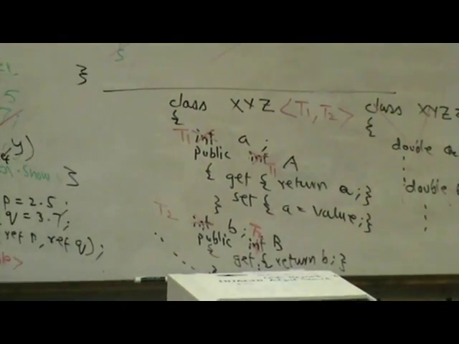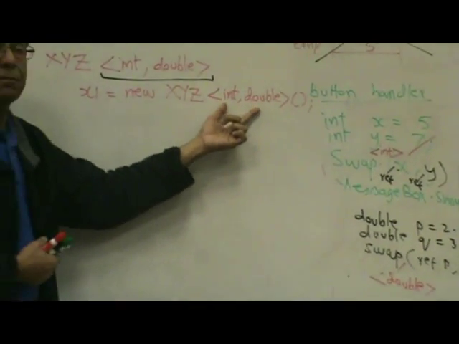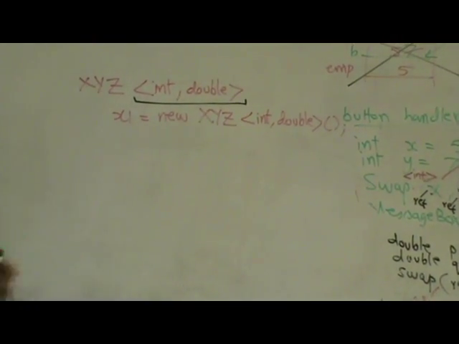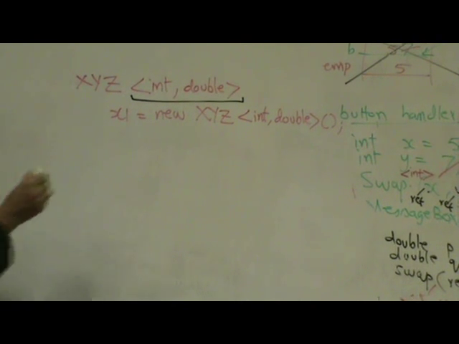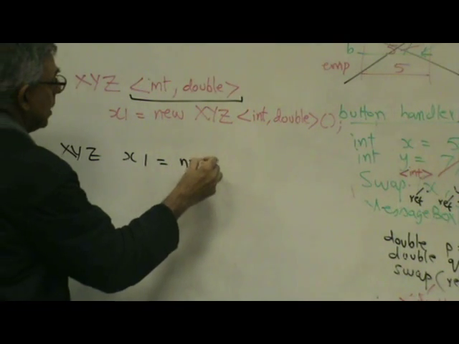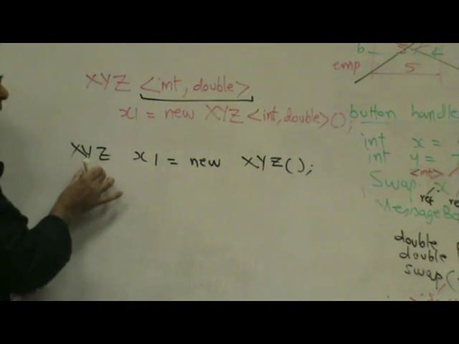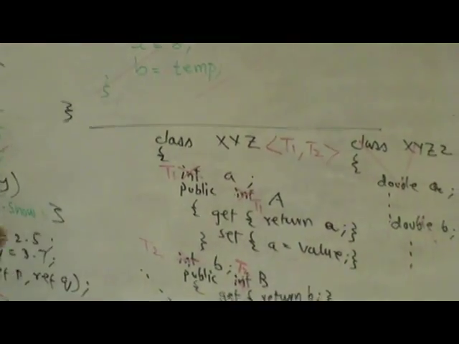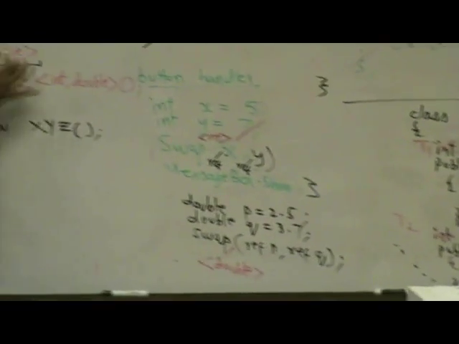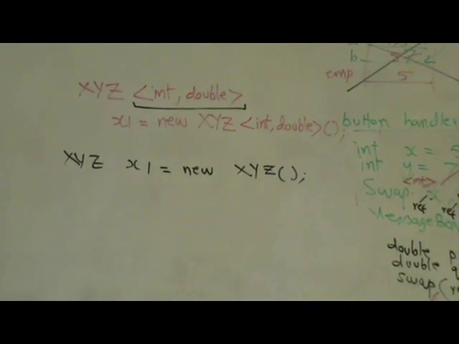So invoking a generic class requires an extra specification. If it's a non-generic class, we will simply say like this, right? New XYZ. But because XYZ is a generic class, we have to indicate what should be T1, what should be T2. So that's the extra part that's coming over here when we create an object of the class, right?